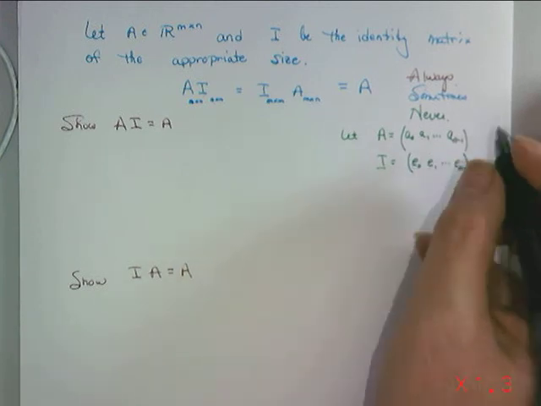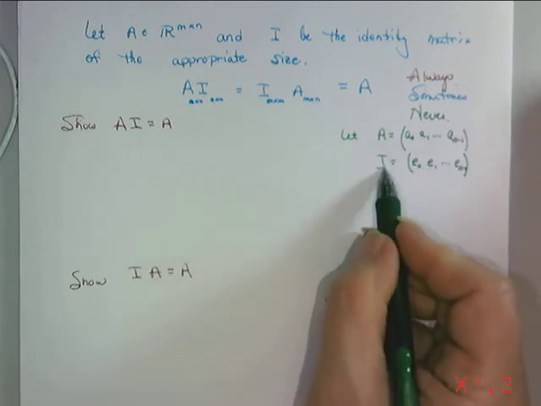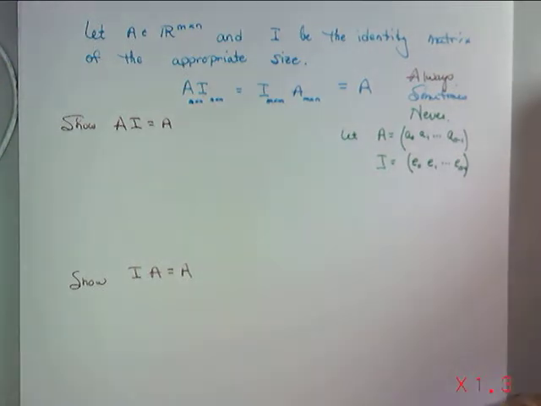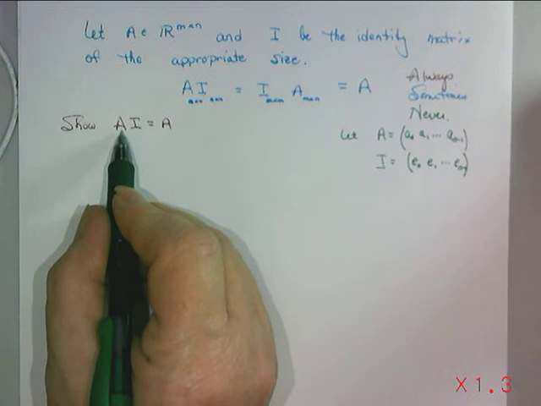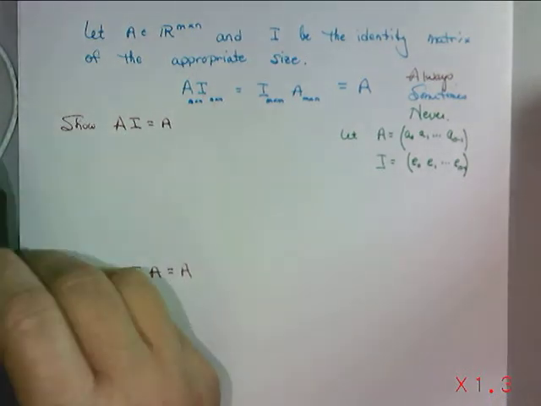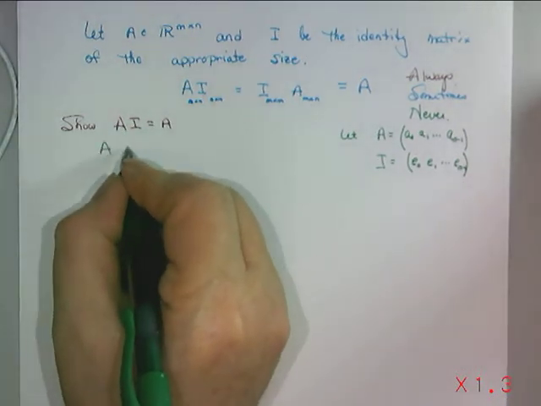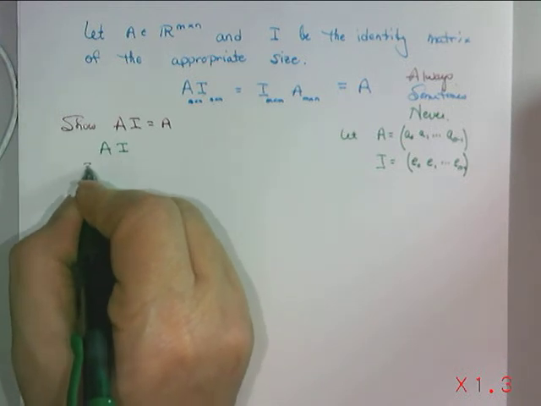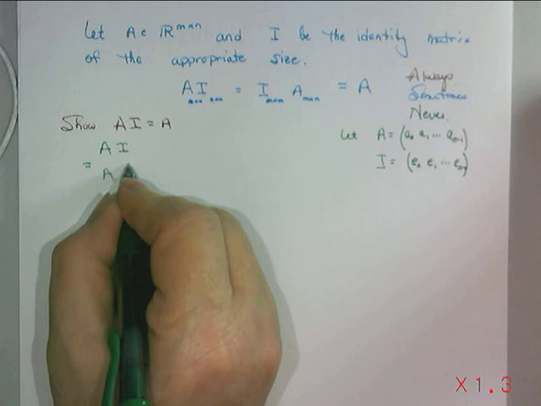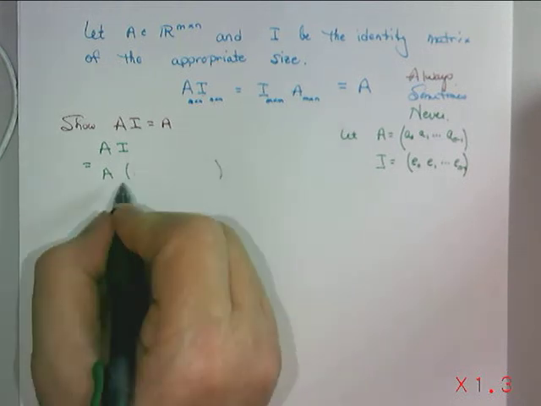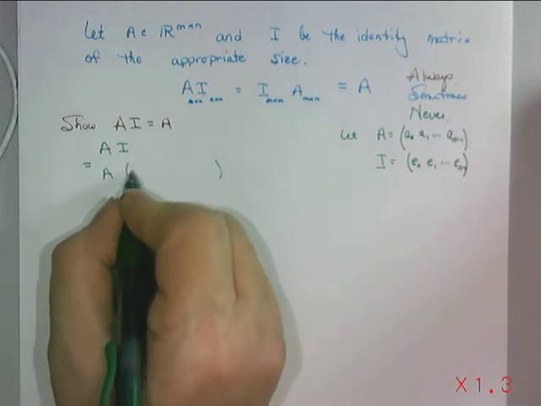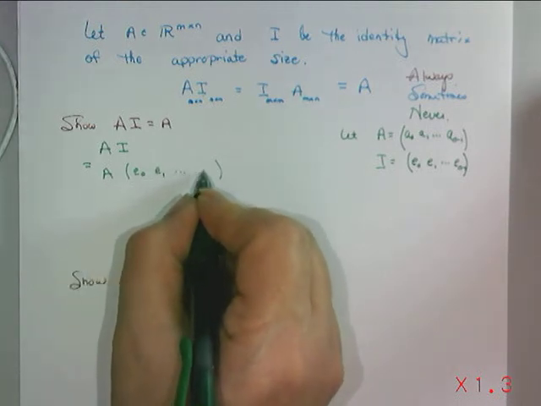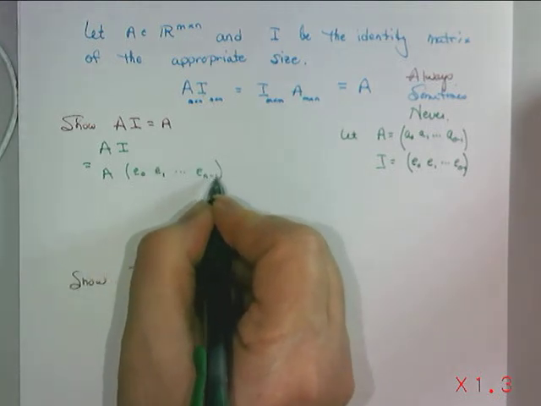In other words, the columns of the identity matrix are just the unit basis vectors, and there are n of them. So if I want to look at what A times the identity is, that's actually equal to A times the matrix with columns E sub 0, E sub 1, and so forth, E sub n minus 1.